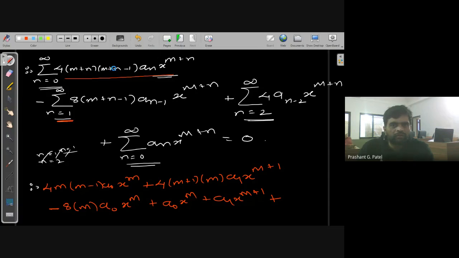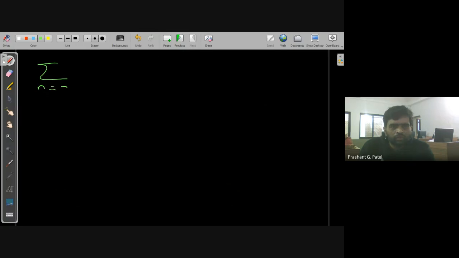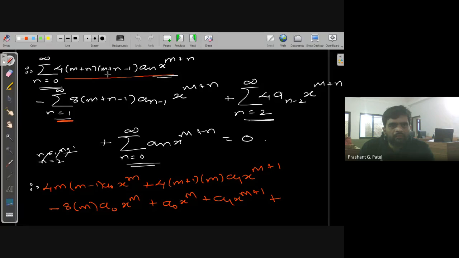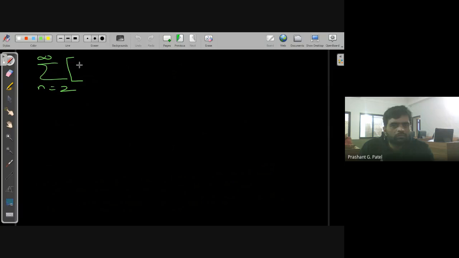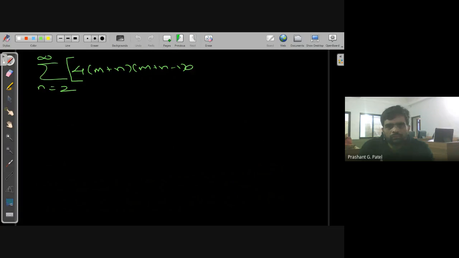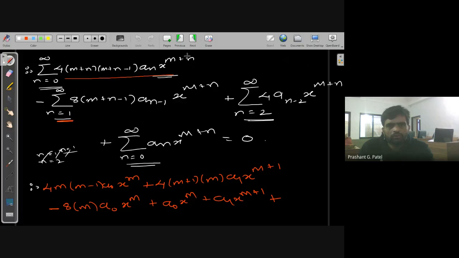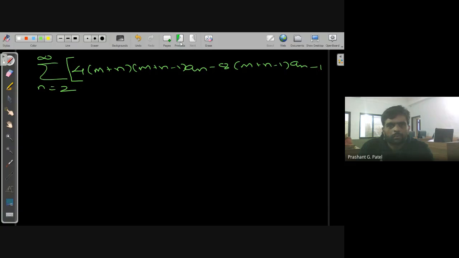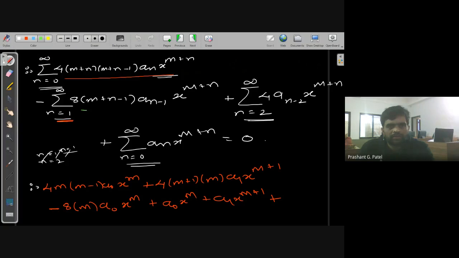So for that I may write down 2 to infinity, inside the bracket, 4 into m plus n, m plus n minus 1, so it is 4 into m plus n minus 1 into an, then it is minus 8 m plus n minus 1 into an minus 1, that is this term.